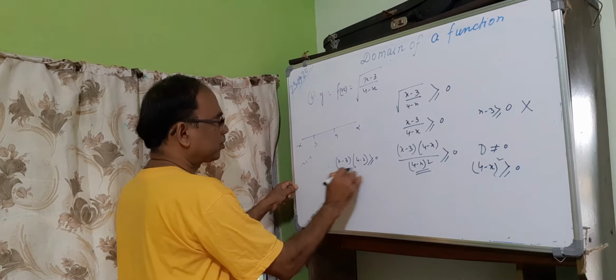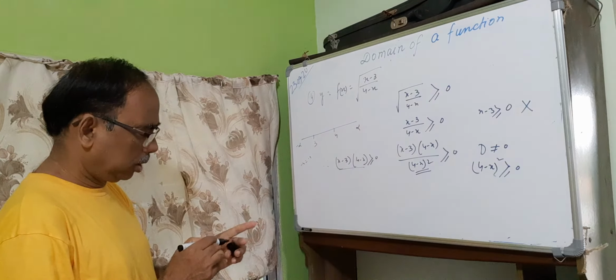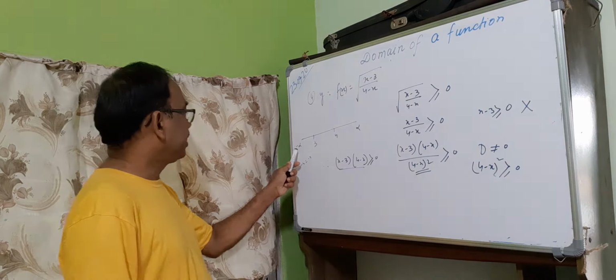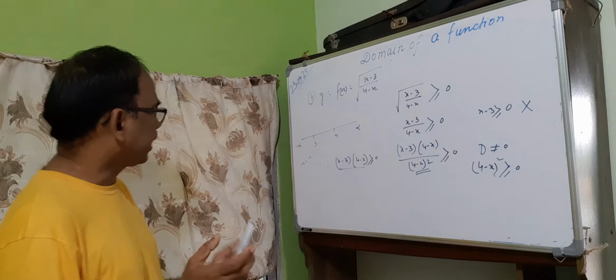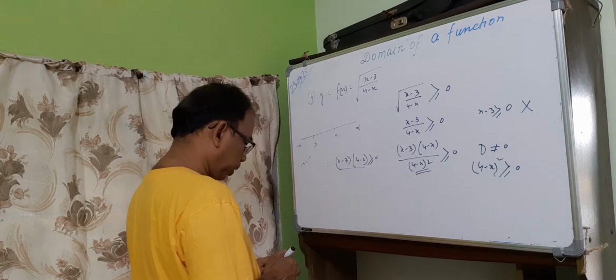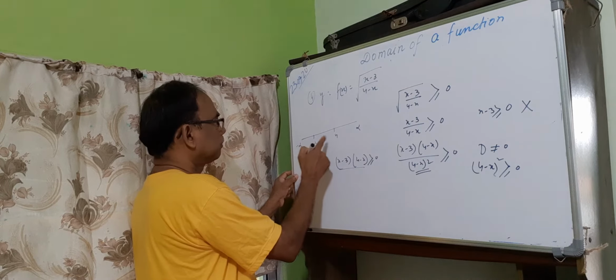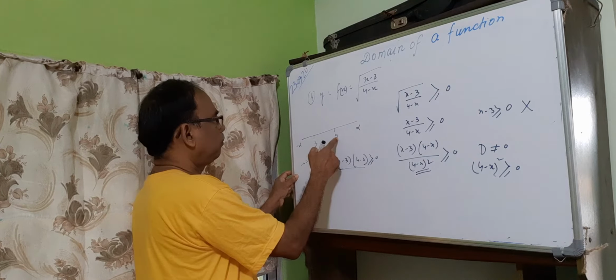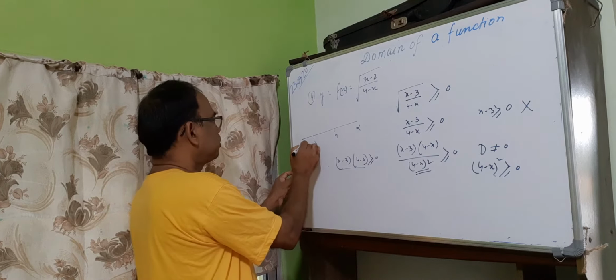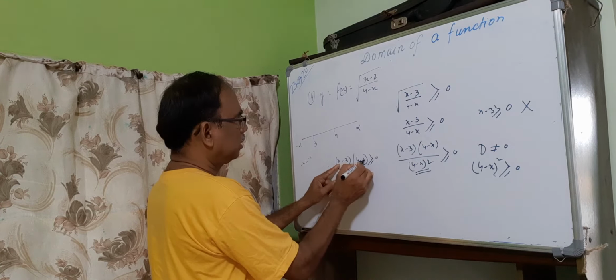Now I have to test in which range this should be greater than 0. Minus infinity to 3: take any number, suppose 2. If you write 2 here, one factor comes negative and the other comes positive.